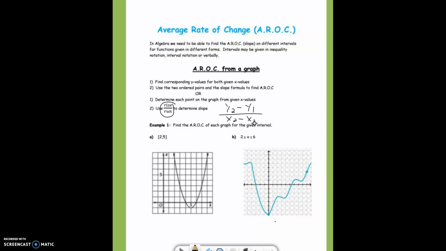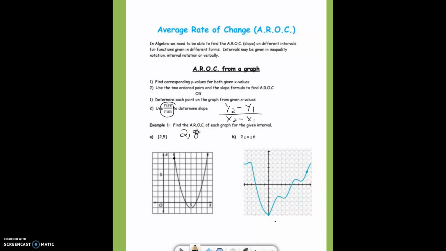So if you remember that this 2 is my x value, so I'm going to look for my y value. So my x value is 2. Let's look for my y value. So my y value is going to be up here, which is what, 5, 6, 7, 8. Okay.